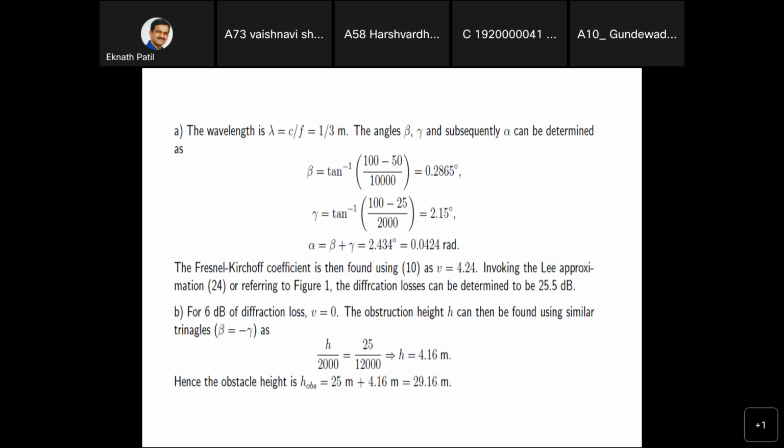So angles beta and gamma are found, and subsequently alpha can be determined. Beta is equal to tan inverse of this one, and gamma is equal to tan inverse of this one, with d1 and d2: 100 minus 50 and 100 minus 25.